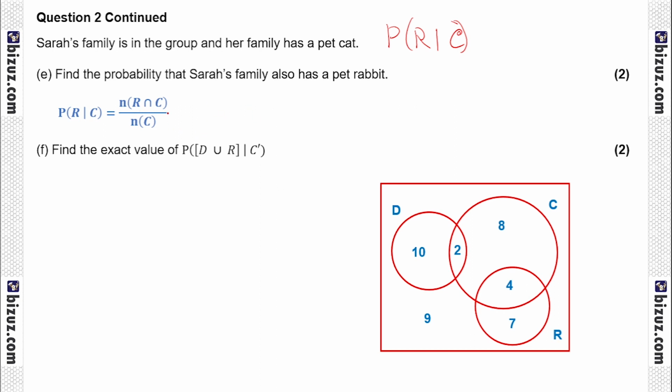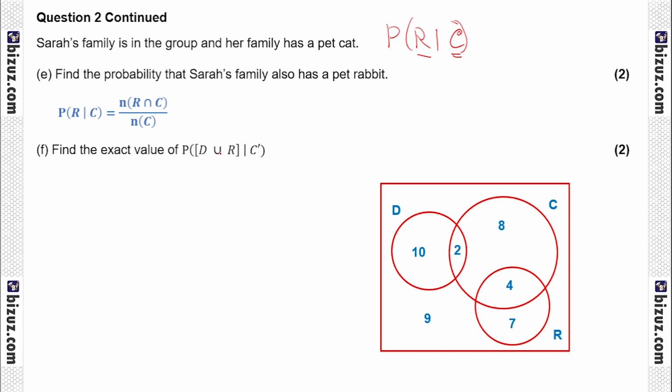So what's happening here is our required number is basically R, the number of families that have a rabbit, but it's given that we're only picking from those which already have a cat. So the number that we need is the number of R intersection C.